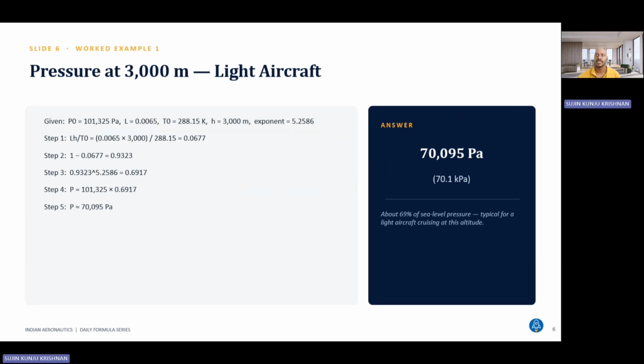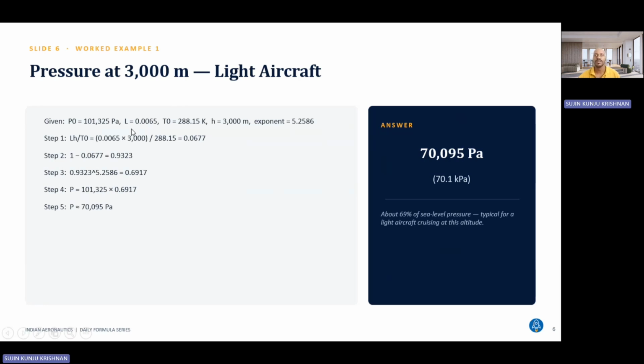Same two altitudes as yesterday, so you can directly compare how temperature behaved: first 3,000 meters, a light aircraft, then 10,000 meters, airline cruise. The worked example: find the air pressure at 3,000 meters.